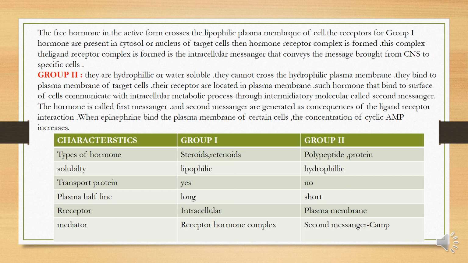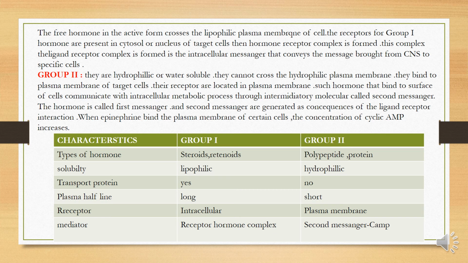The hormone is called the first messenger, and second messengers are generated as a consequence of ligand receptor interactions. When epinephrine binds to the plasma membrane of certain cells, the concentration of cyclic AMP increases.